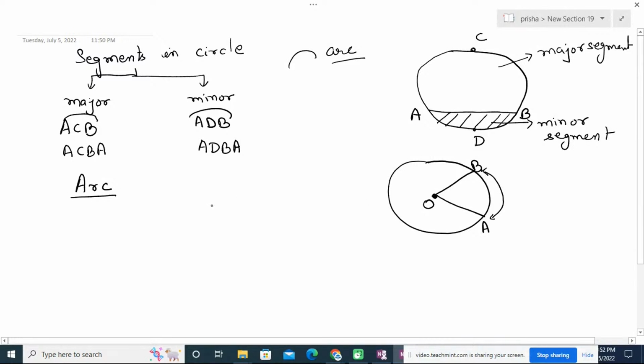Okay? So, we can write the radius as OA, OB. But if it is our sector, then this whole portion, this is the sector. OAB, shaded portion, this is the sector. We can cut it from the side. Understood? Difference between them?